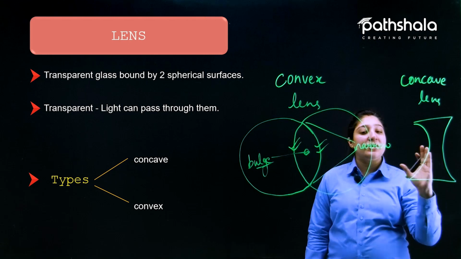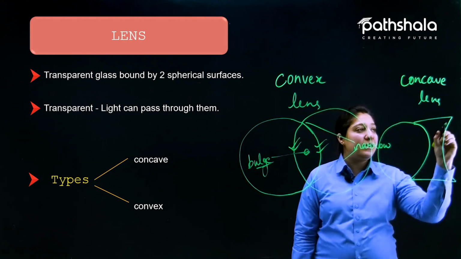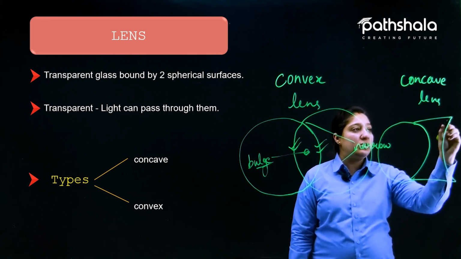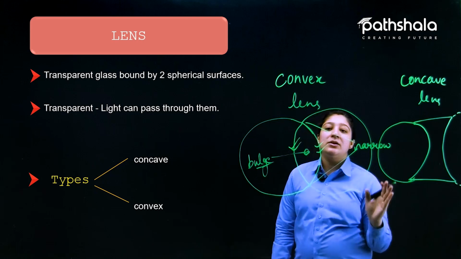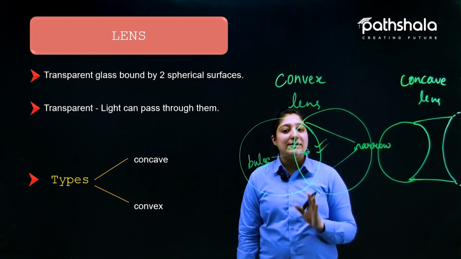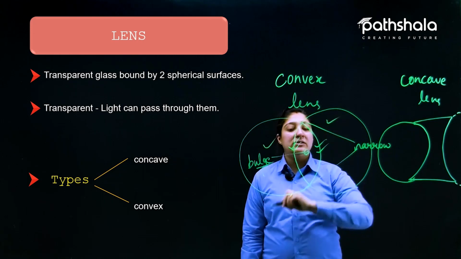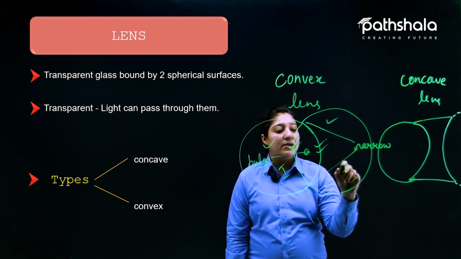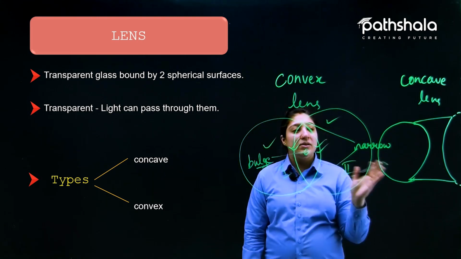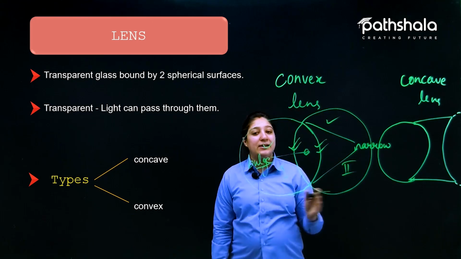Here also you can see that if you extend the surface, this is one sphere, and if you extend this also, this is another part of the sphere. So you can clearly say that the lenses are transparent glass bounded by two spherical surfaces. One is this and the other one is this, right? So the lenses are of two types, convex and concave.